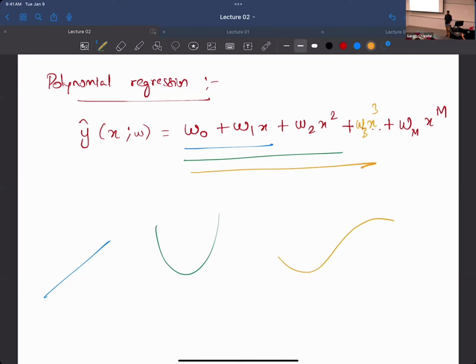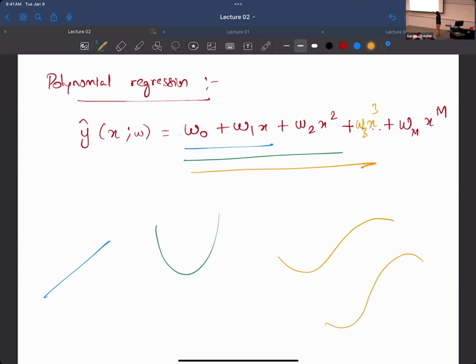Like this. But how is it different from what I have? Given a function, the trick to know the degree of the polynomial is just to see how many turning points there are in the function.